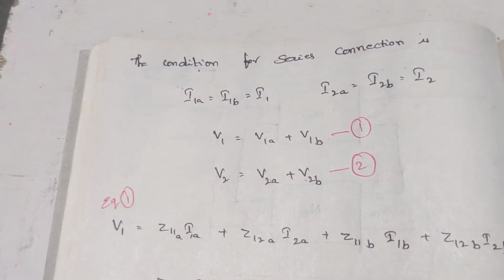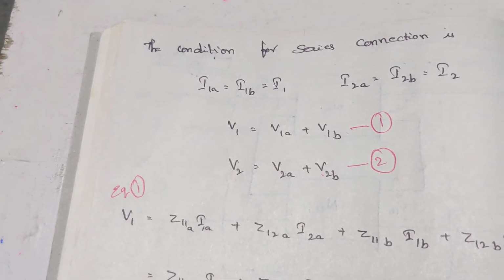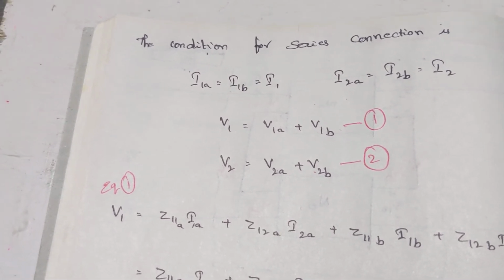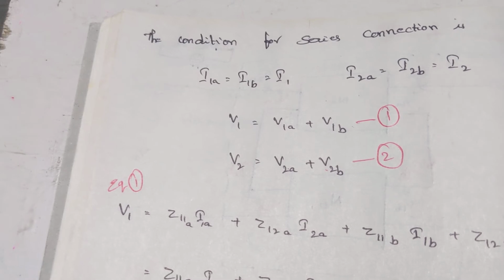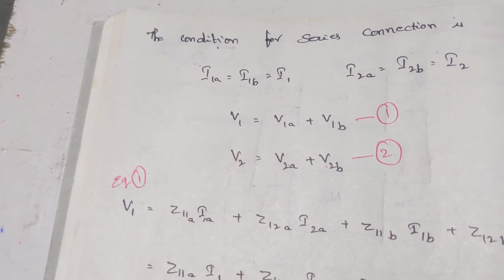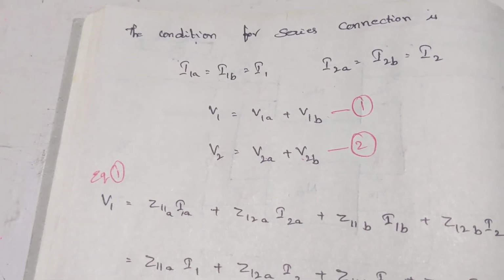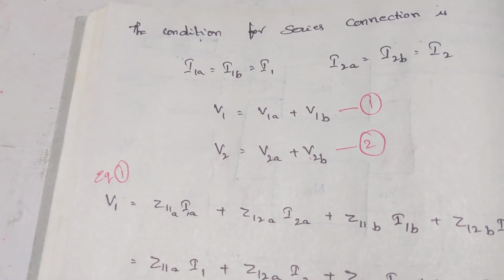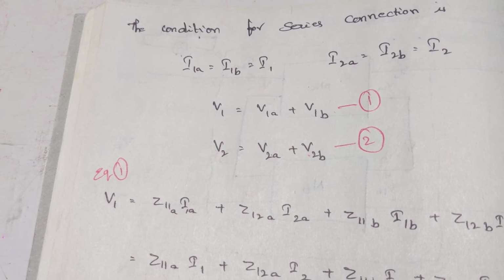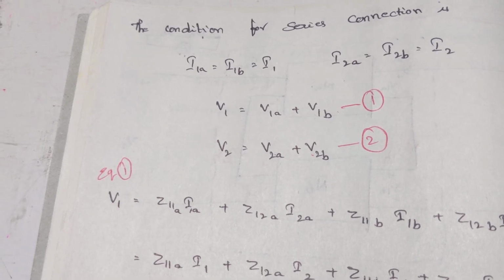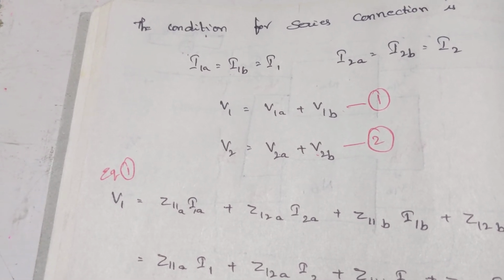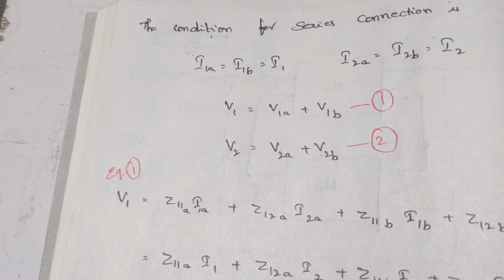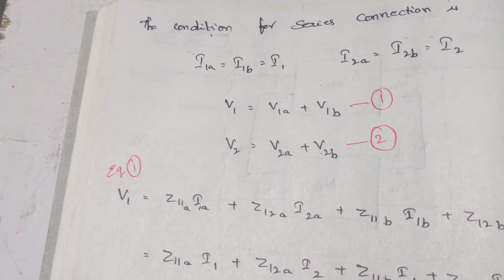Already I mentioned I1A should equal your I1B. To give the common name, I just give it I1. Similarly for the output side, I2A equals your I2B, given the common name I2. And V1 should equal the sum of voltages V1A plus V1B. And V2, that means your output voltage, should equal V2A plus V2B.